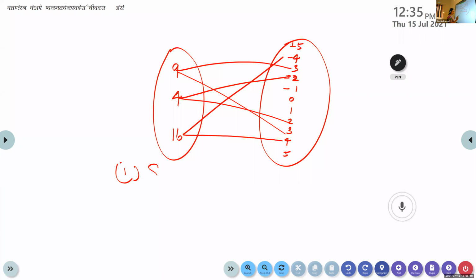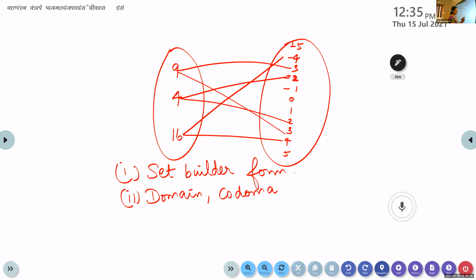After writing this in set builder form, you have to give the domain, codomain and range. Okay, solve this. I'll mark the attendance.